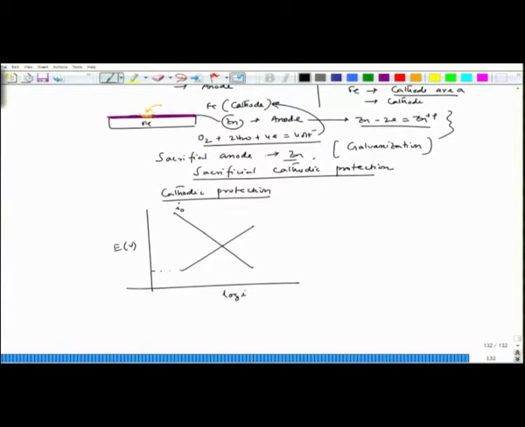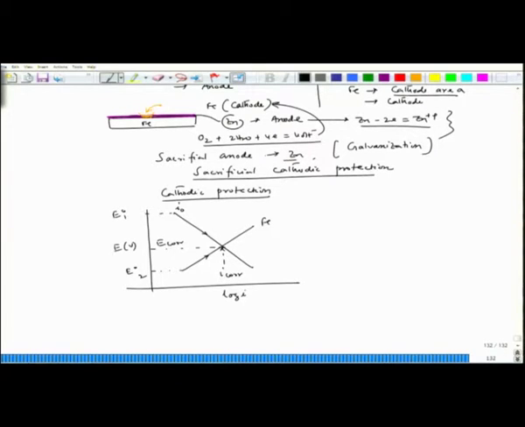Let us say this is the cathodic polarization, this is the anodic polarization, this is iron, and this is the new mixed potential, and this is the I corrosion, and these are the corresponding E0 values of 1 and 2.